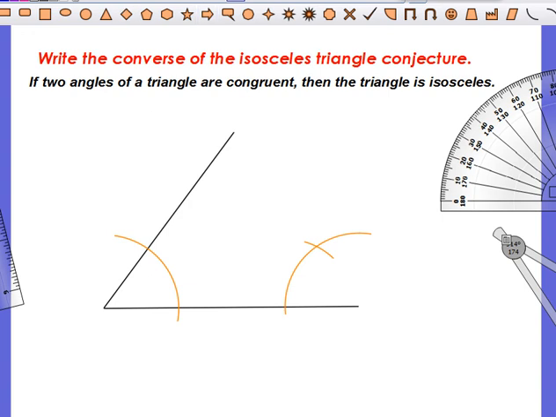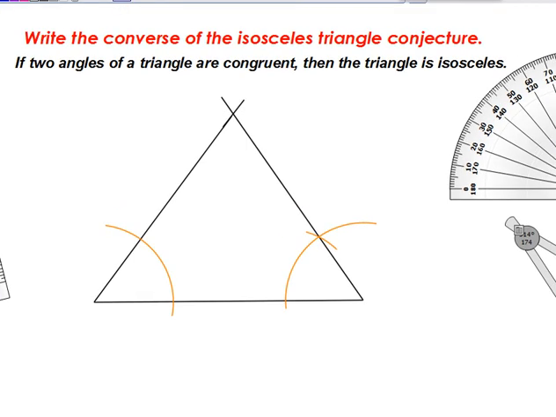So I'll use my straight edge tool to do so. I'm going to have to extend this line a bit. And you can use your protractor to measure to see how that turned out.